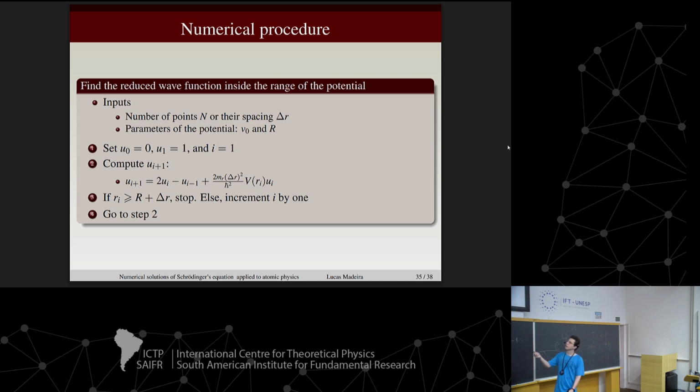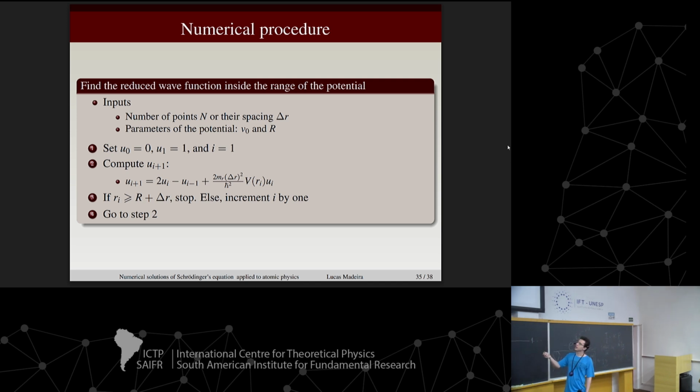All right, boundary condition. To avoid any divergences at the origin, set your u to be 0 at the origin, okay? How about the next point? The next point has some non-zero value. Pick whatever you want. We are not worried about the normalization.